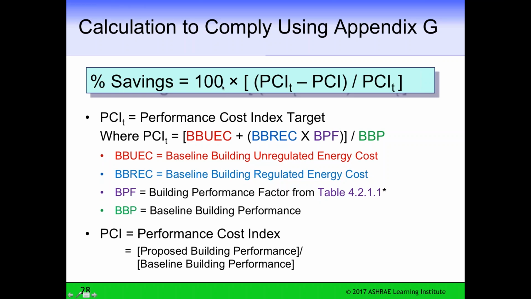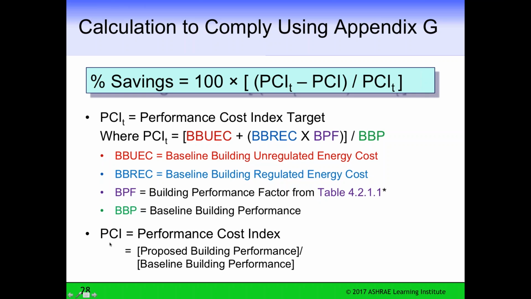Your percent savings using Appendix G is 100 times PCIt, which is your performance cost index target, which is defined by the equation here, where you have a baseline building unregulated energy cost, a baseline building regulated energy cost, and a building performance factor, which comes from a new table, 4.2.1.1, which adjusts from 2004 to 2016. And it does it on a whole building basis.